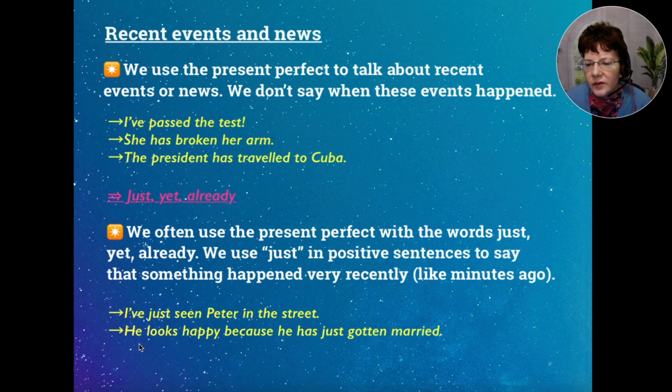And then we've got, he looks happy because he has just gotten married. So the first one would be minutes ago, like you just now saw Peter. And then this one could be a day or 2 days ago, for example.